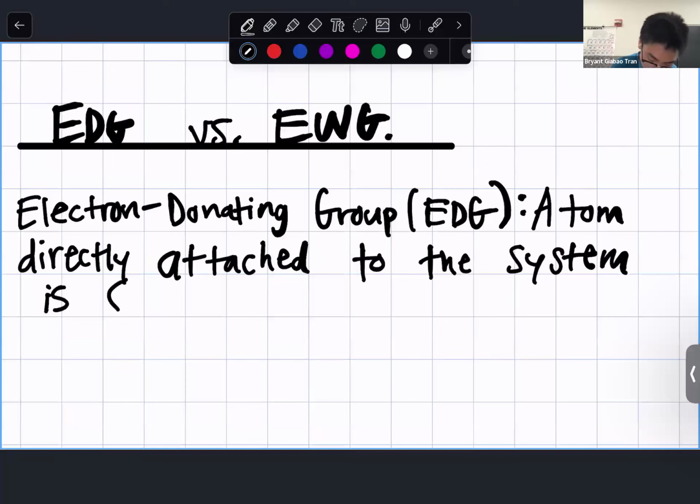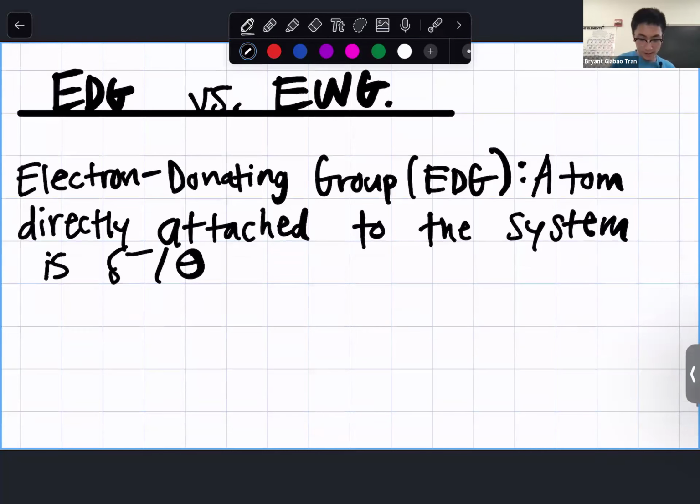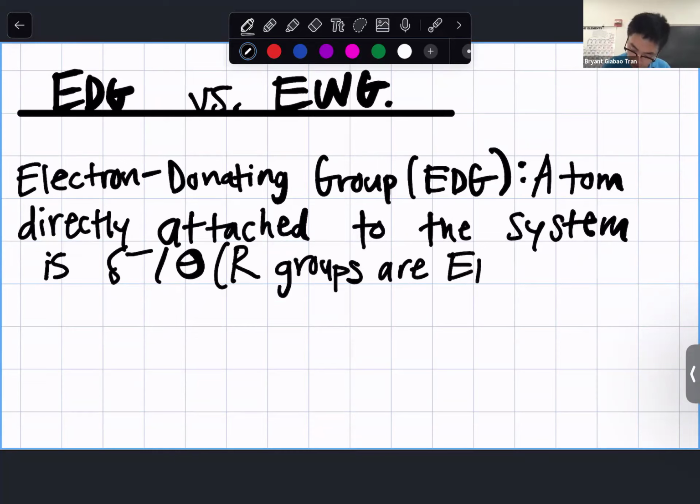If it is partial negative or fully negative charge, then it is an EDG. Exception is any R group, like a hydrocarbon chain, like a methyl group, ethyl group, isopropyl. R groups are EDGs inductively.